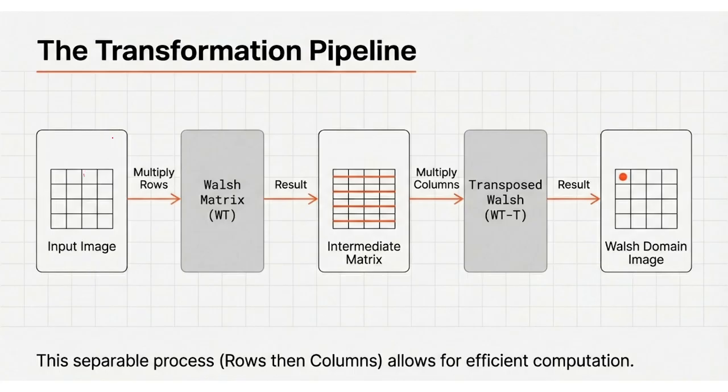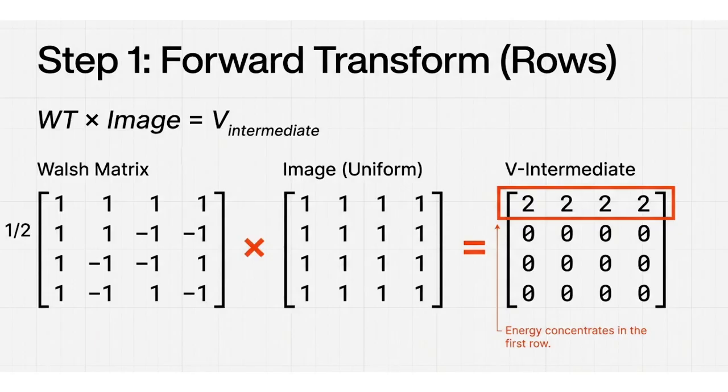We have the input image. So multiply rows with the Walsh matrix, we get the intermediate matrix. Then multiply columns with the transposed Walsh transform. So we get the result, and in the first pixel we will be getting the energy compaction. This separable process, rows then columns, allows for efficient computation.